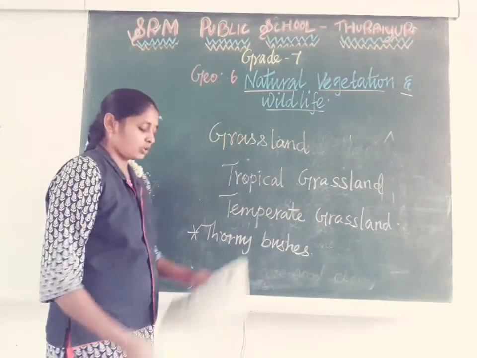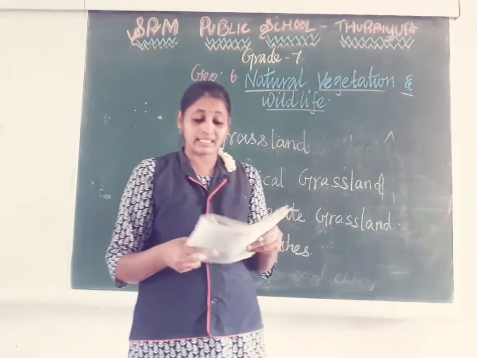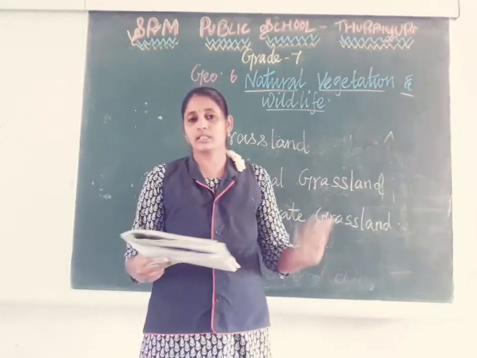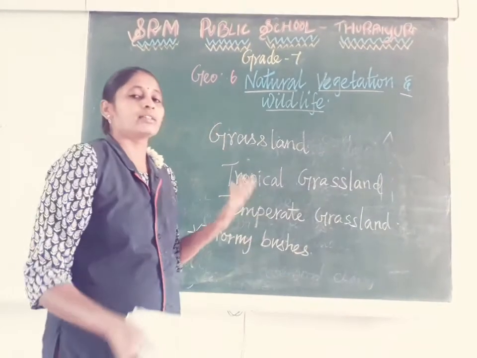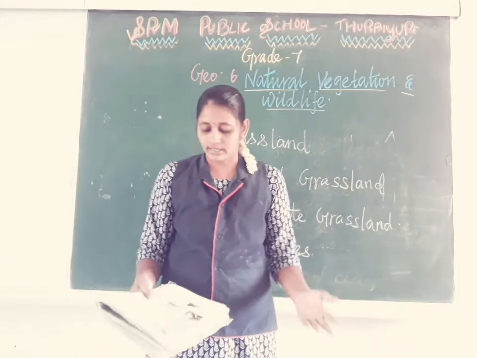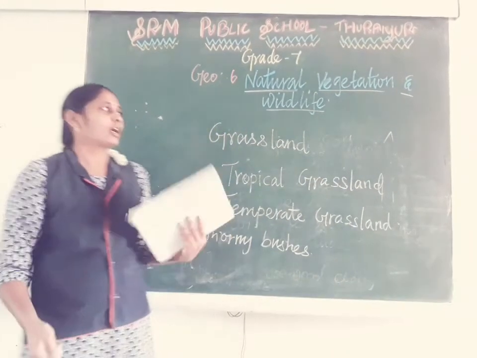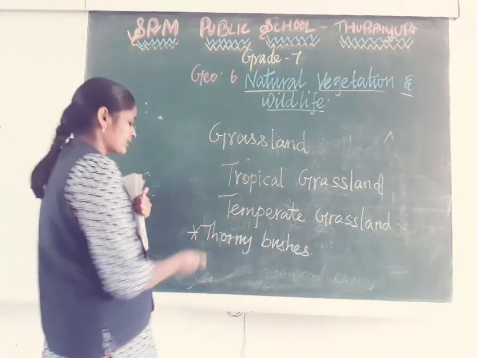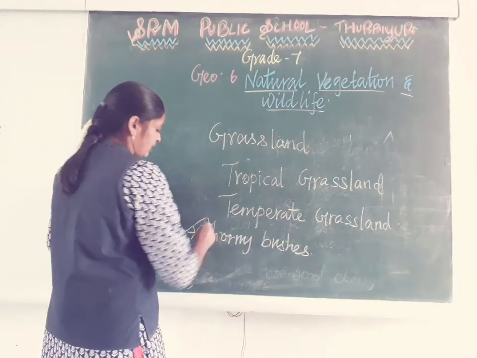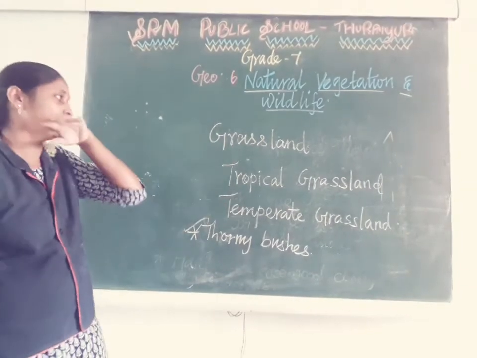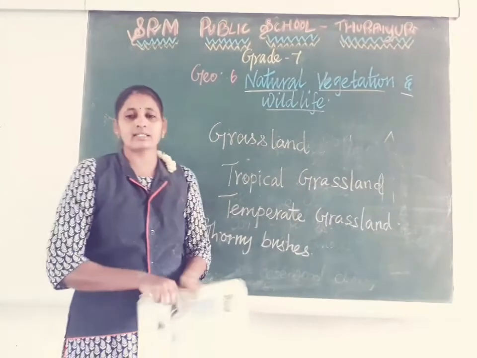Because of very little rainfall, we see thorny bushes in deserts, particularly the Sahara desert or Thar desert. Okay, so we complete up to this. Desert vegetation and grassland we will discuss in separate lessons.